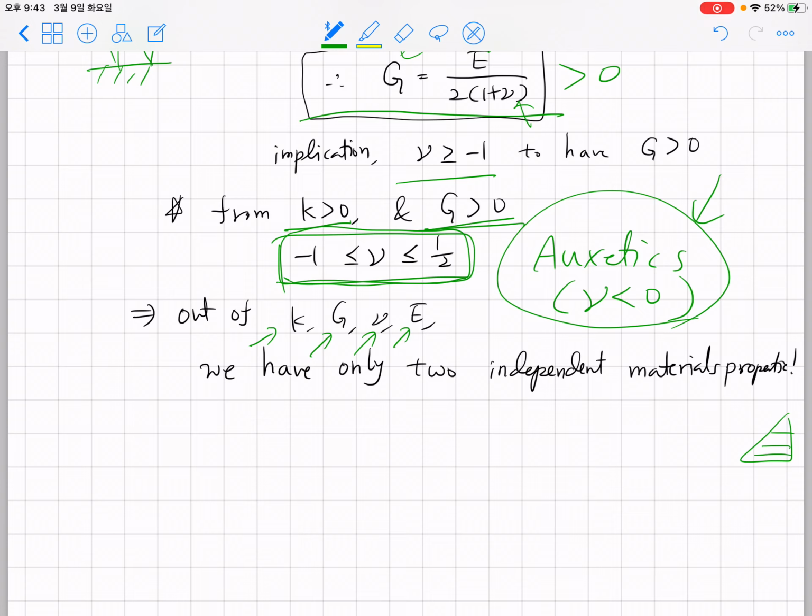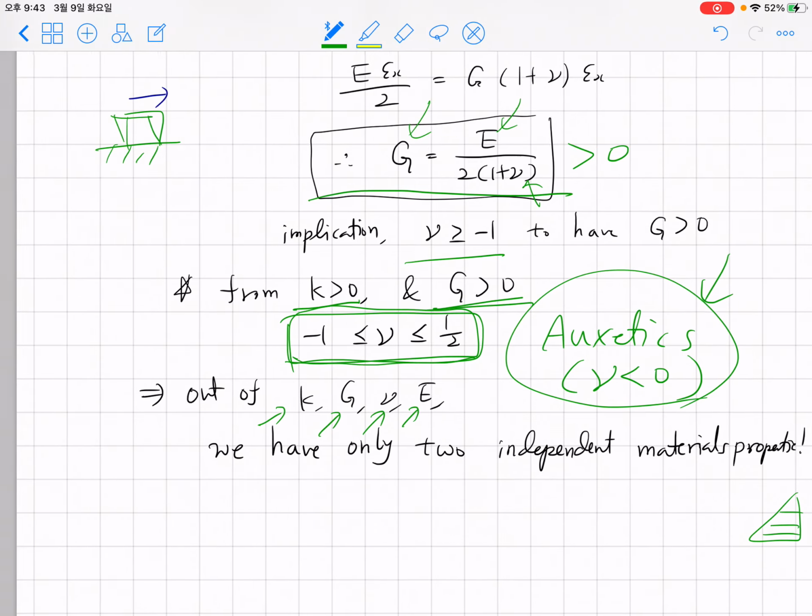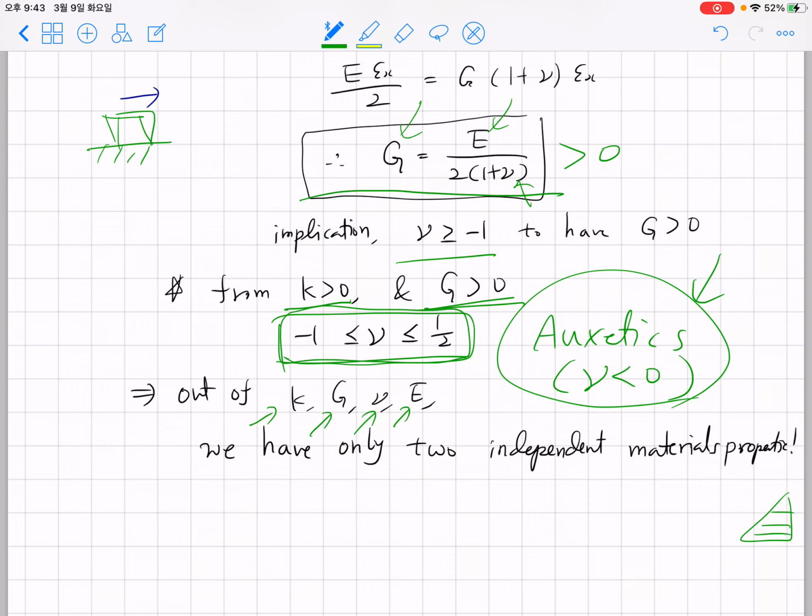Please remember that out of these four, we have only two independent properties, or if you know only two out of four, you can obtain the other two for free using the relationships between G, E, nu or K, E, nu. Okay, so with that, let me close the video on elastic constants here.